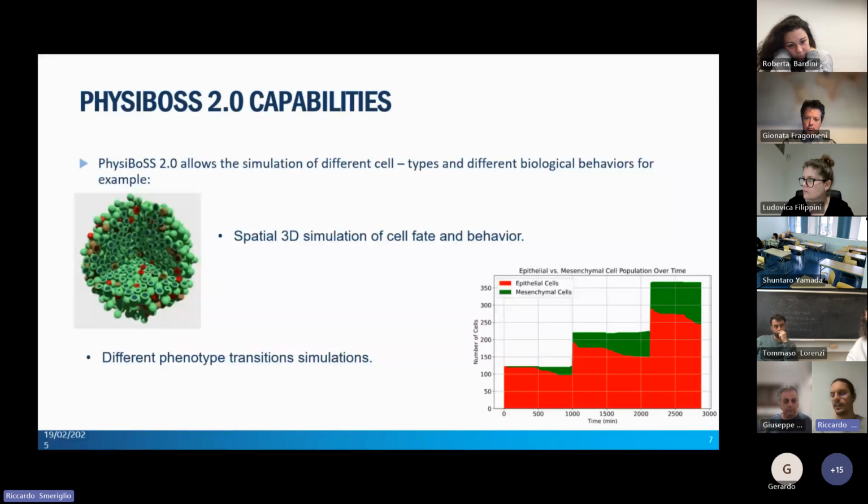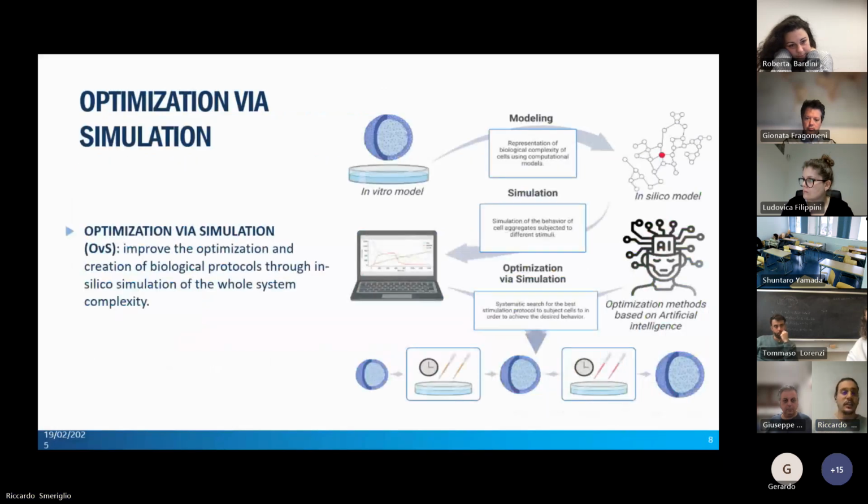So it actually allows us to simulate most of the biological system, getting our hands dirty, we can say, and using its capabilities. Our main idea is to use these modeling frameworks to model in silico the biological system, and then to try different protocols, in particular by optimizing these protocols in silico using computational models. Of course, optimizing protocols in vitro is very difficult, because it requires a lot of time and a lot of resources.